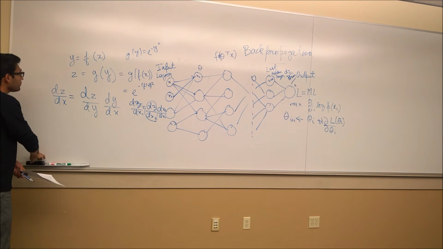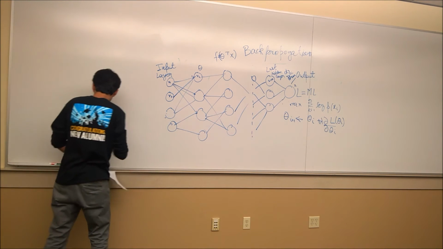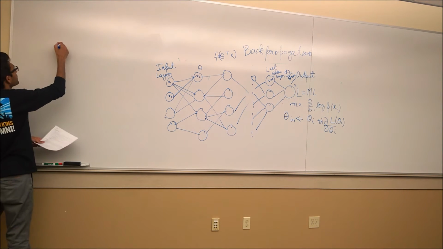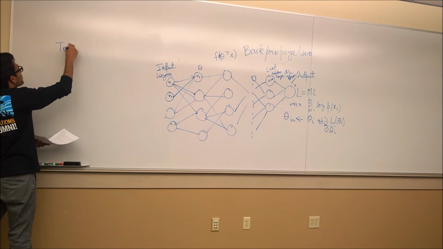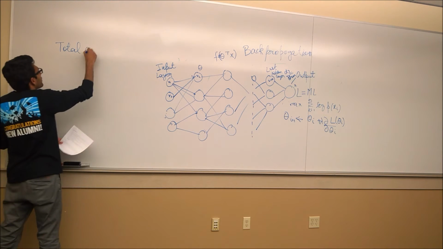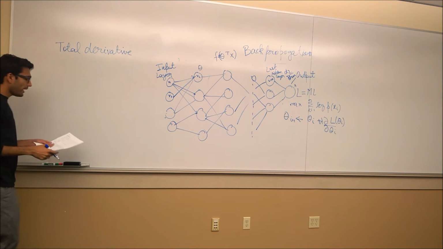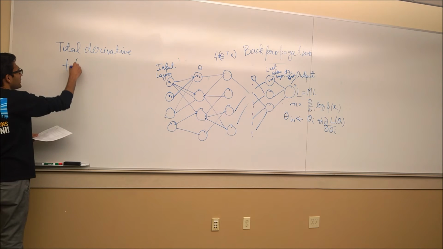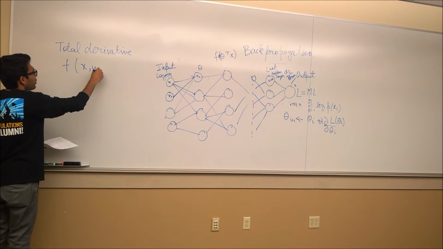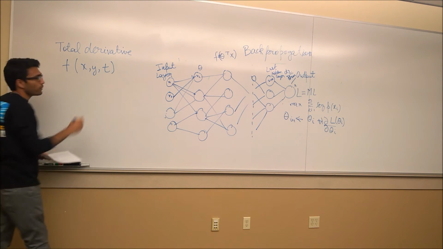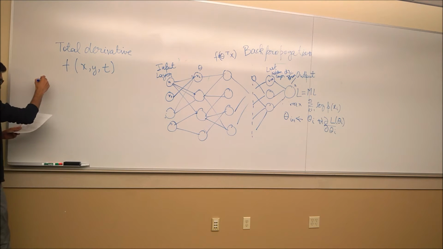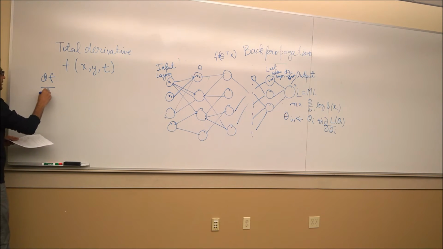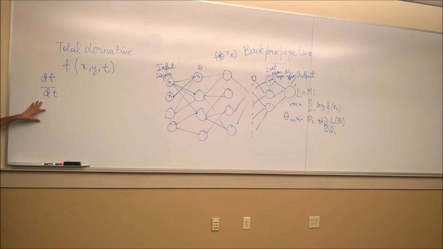Right? And to be able to understand that, we'll have to talk about another principle in calculus, which is known as total derivative. And total derivative says that, let's say there's a function f, and it is dependent on 3 parameters x, y, and t. If I have to calculate the derivative of f with respect to t, what?